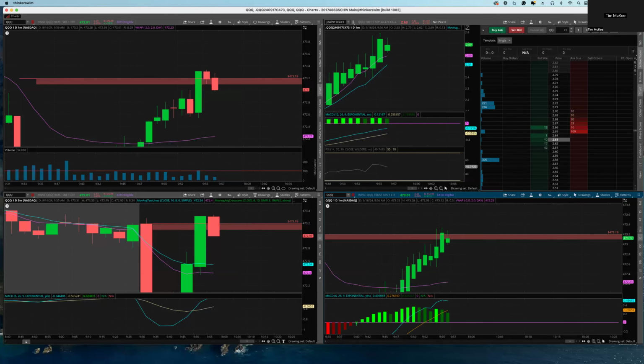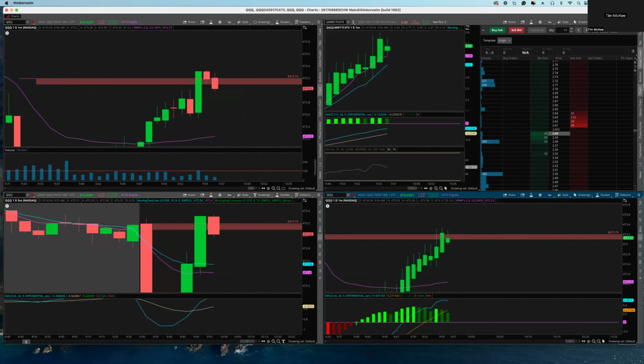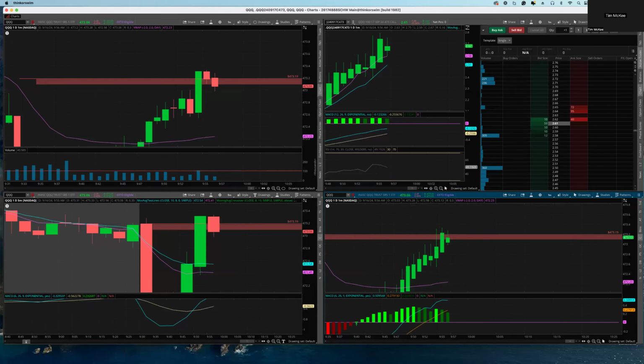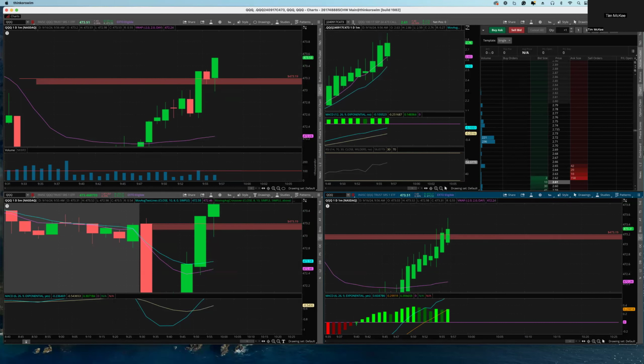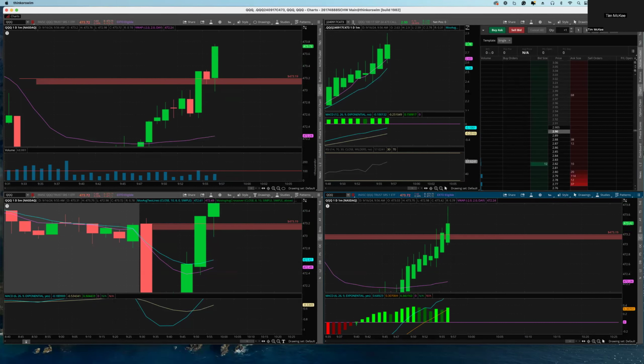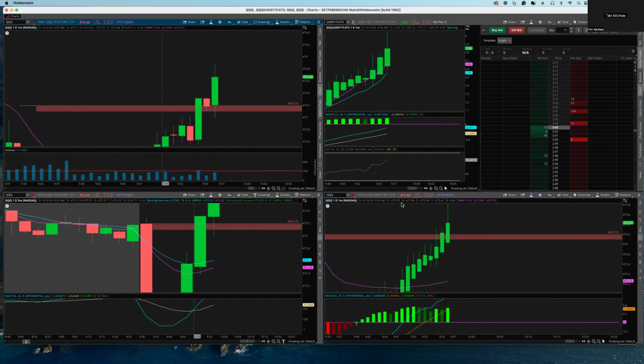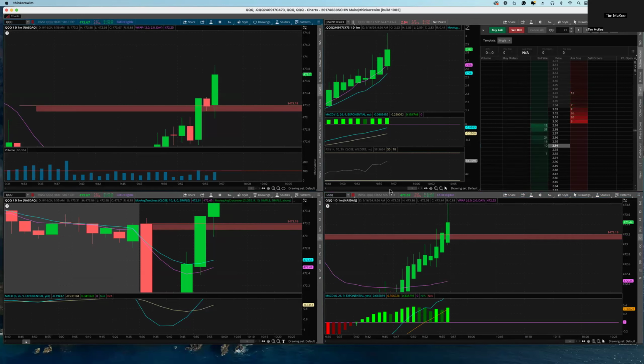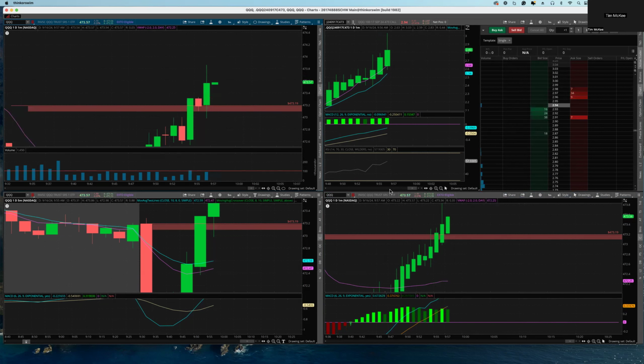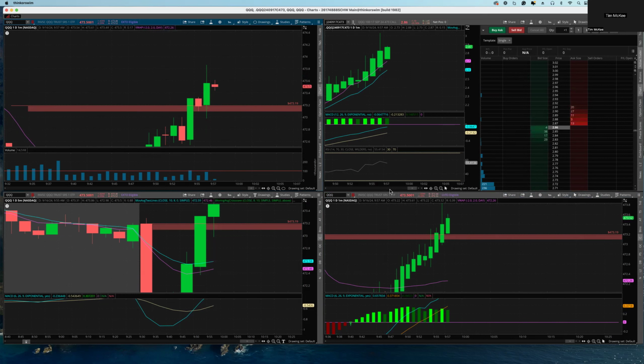Price reversing here a bit, coming back down. There it goes. All right. I'm heading over to the 473 on the call side. Let's make sure this is not a Crazy Ivan. Watch the time.